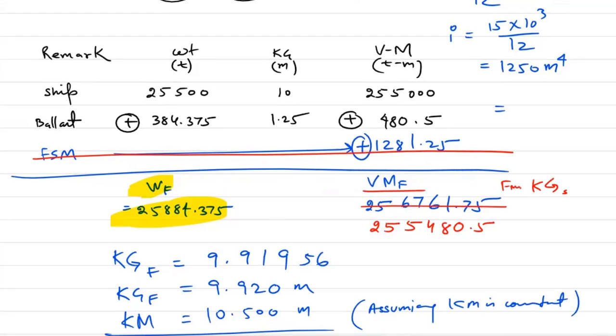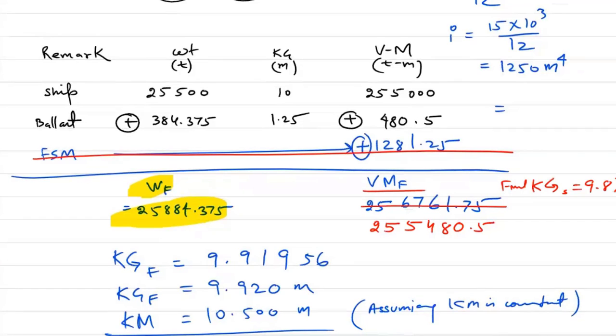Divided by 25884.375, we get 9.870. Right?